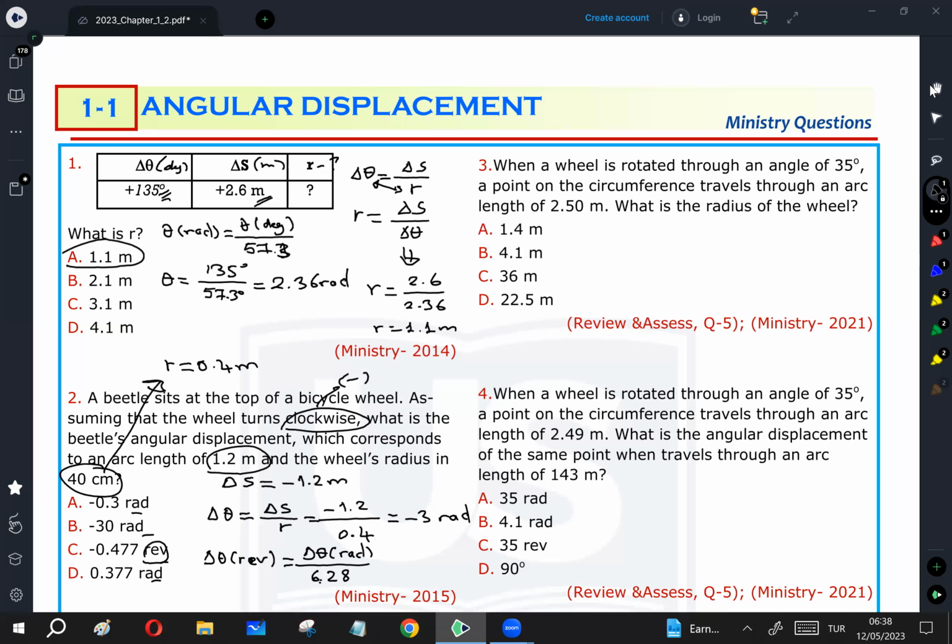So if we divide the angle in radians by 6.28, we get the corresponding angle in revolutions. 3 divided by 6.28: the angular displacement in revolutions is going to be negative 0.477 revolution. As you see, choice C is the correct answer.